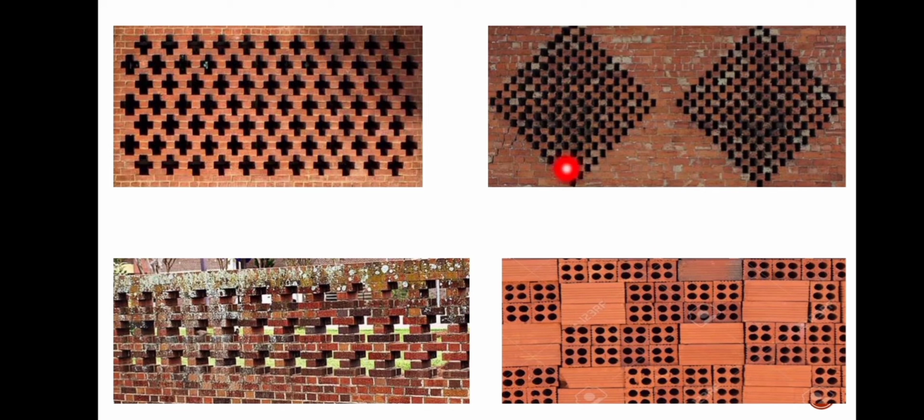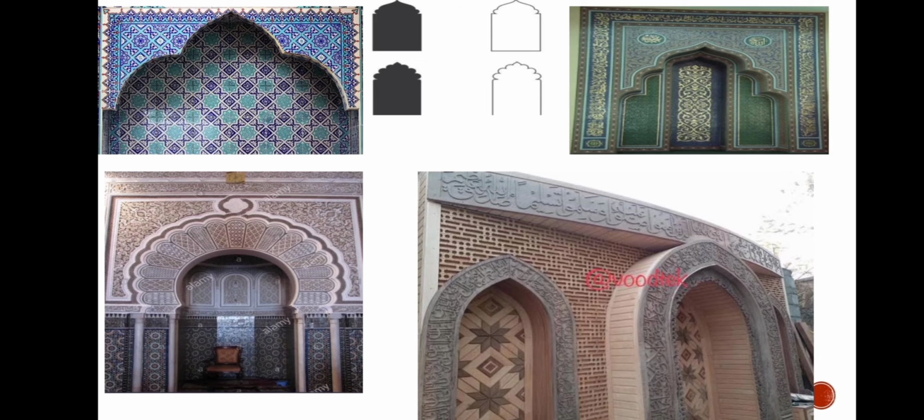You can see here 1, 2, 3, 4. Here 4 different types of jalis are given. Now these are mihrabs. You can see arc in mihrabs. Here this one is an arc and this is known as a mihrab.